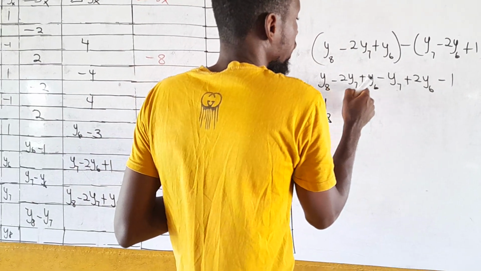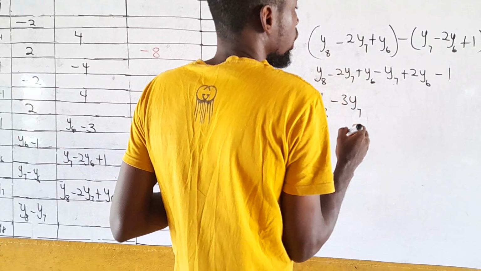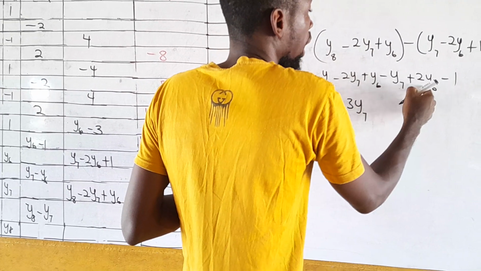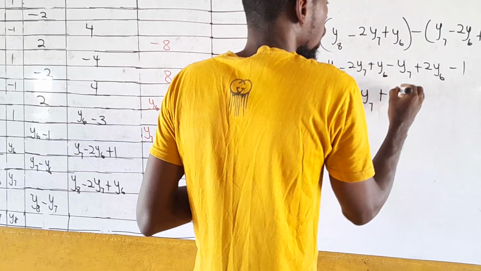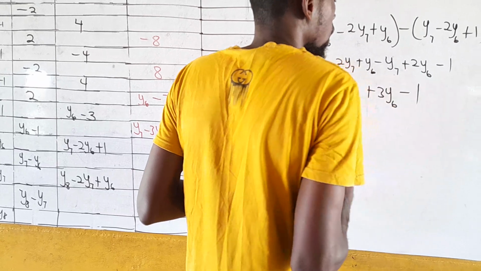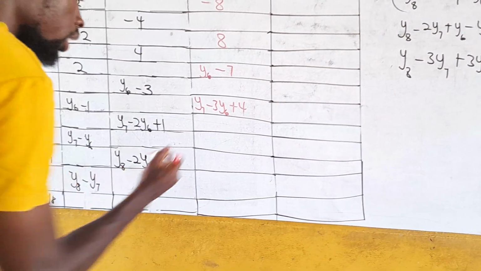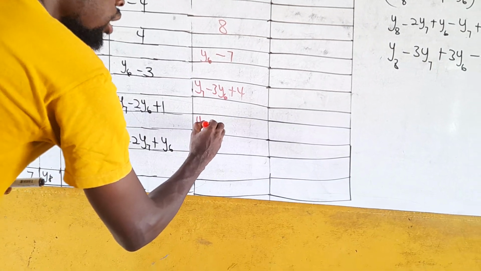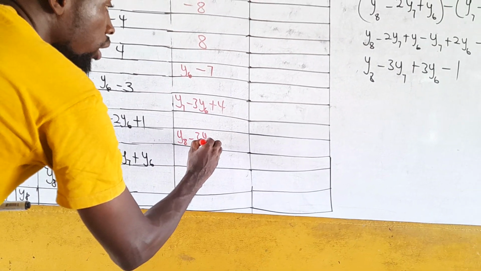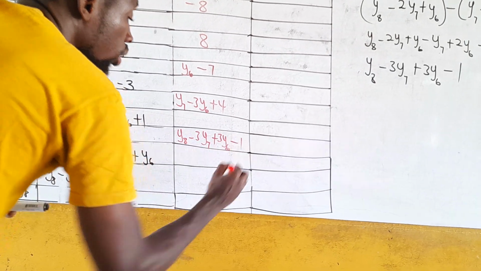We have 2y7 minus y7. That will be minus 3y7. Then 1 y6 plus 2y6. That will be 3y6. Then minus 1. I hope you get that. So we can say the difference here is y8 minus 3y7 plus 3y6 then minus 1.